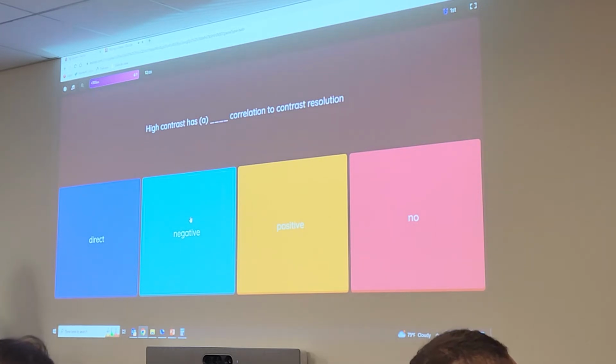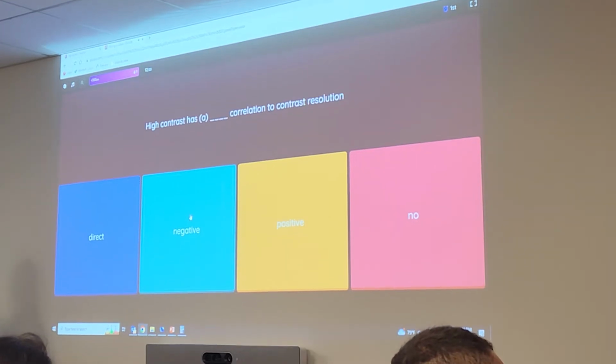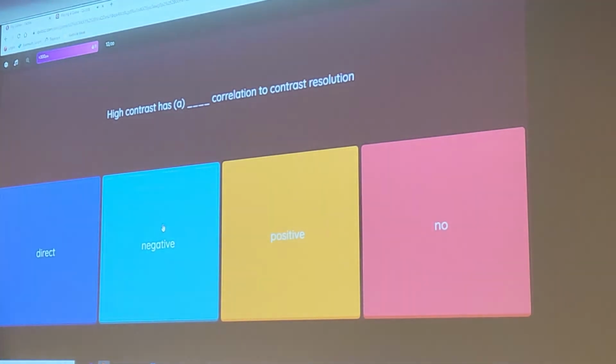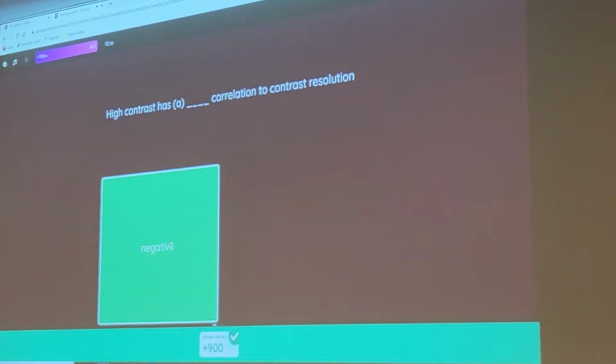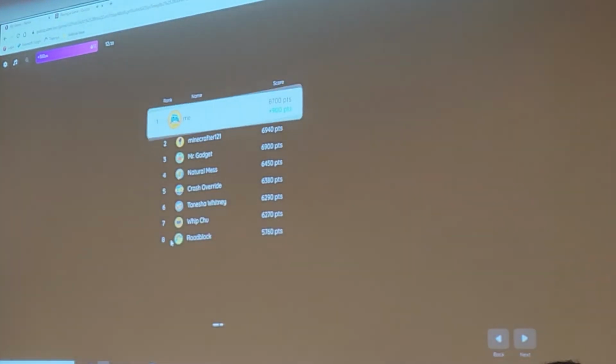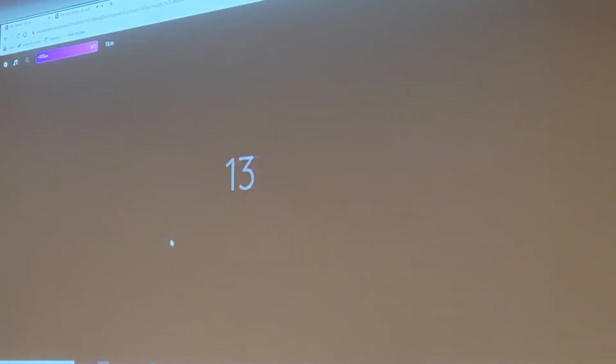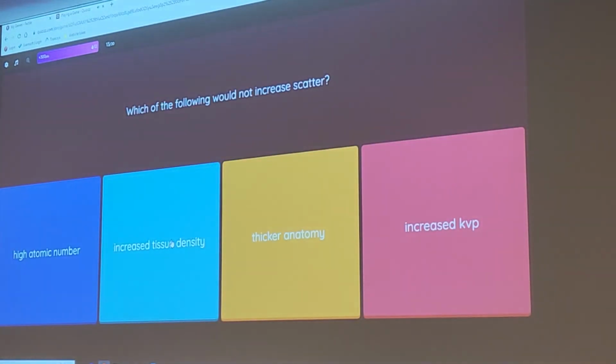It's pretty much a 50-50 every year, so it's always good to look at your answers too. Sometimes it'll help eliminate. High contrast and resolution have an inverse relationship. Shades of gray with contrast resolution has a positive correlation. Okay? Carla. Which of the following would not increase scatter?